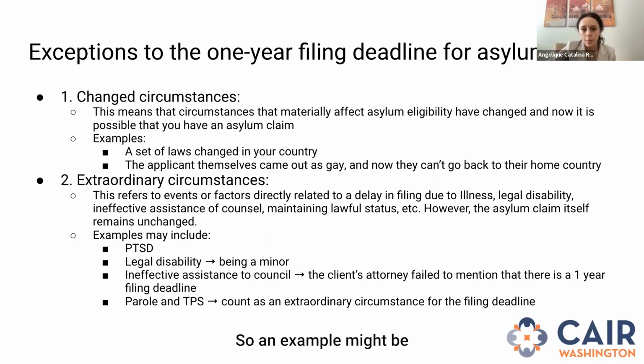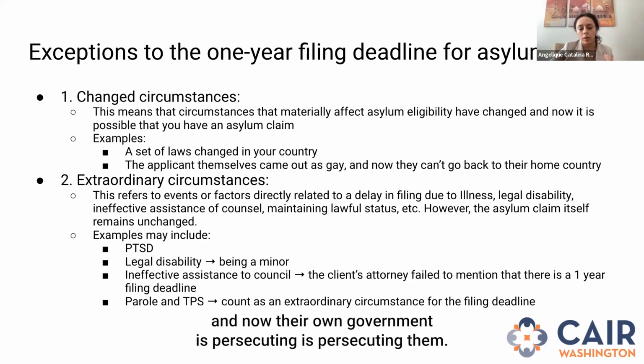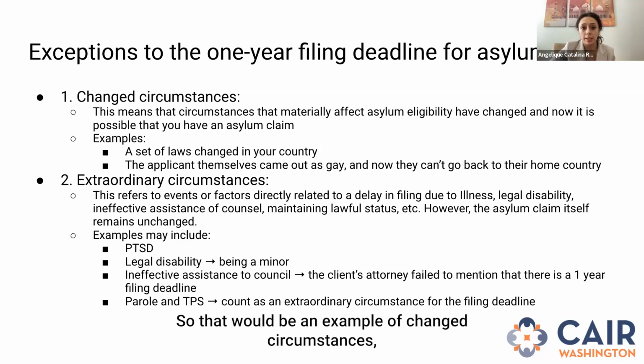An example might be a person who is gay and can't go back to their home country because a set of laws recently changed and now their own government is persecuting them. That would be an example of changed circumstances.